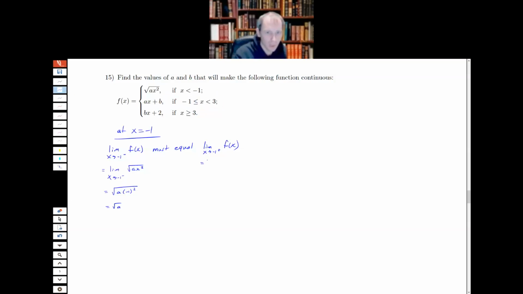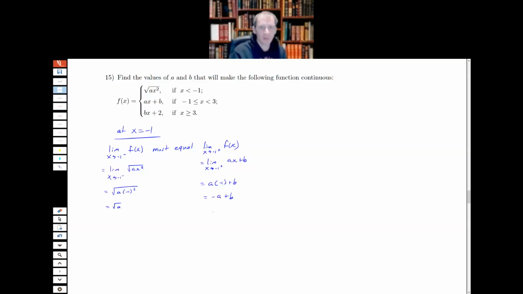So we're going to take the limit as x approaches -1 from the right of ax plus b. And it's x that's approaching -1, so I'm going to evaluate this limit using direct substitution by plugging in for x. So I have a times -1 plus b, or just -a plus b. Okay.